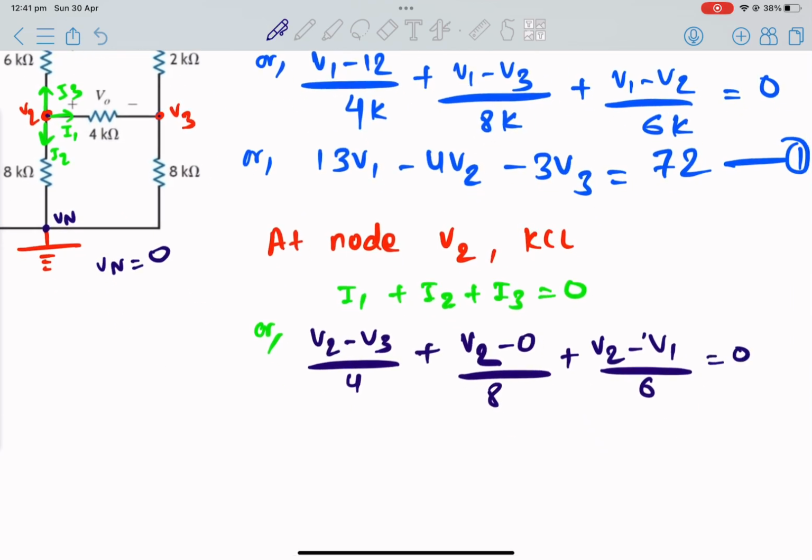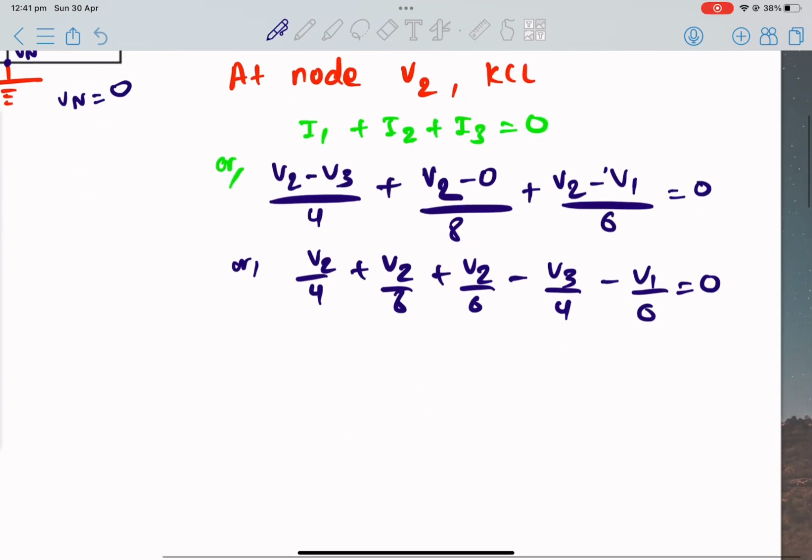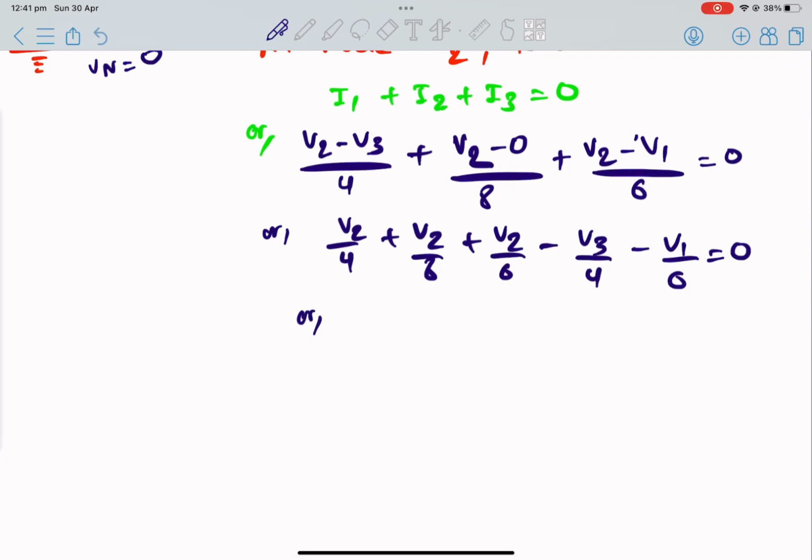Now let's solve this as usual. V2 over 4 plus V2 over 8 plus V2 over 6 minus V3 over 4 minus V1 over 6 equals 0. Adding up all the V2 terms, 1 over 4 plus 1 over 8 plus 1 over 6 gives us 13 V2 over 24, minus V3 over 4 minus V1 over 6 equals 0.